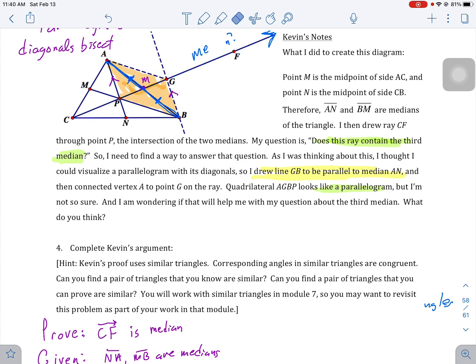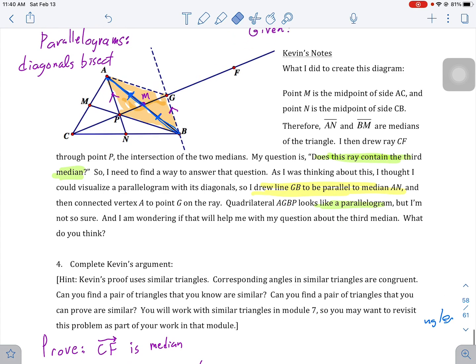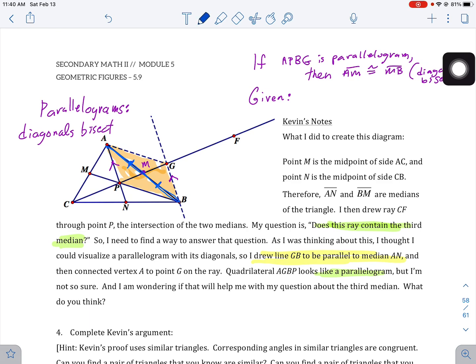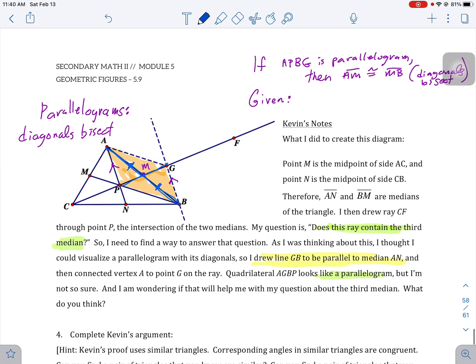We can actually show that if we show that this is a parallelogram, because one of the properties of the parallelogram is that the diagonals bisect each other. So if it's a parallelogram, then these two have to be congruent. So really what we're trying to do is show it's a parallelogram. Parallelograms means opposite sides are parallel.